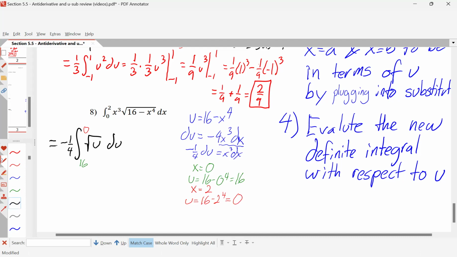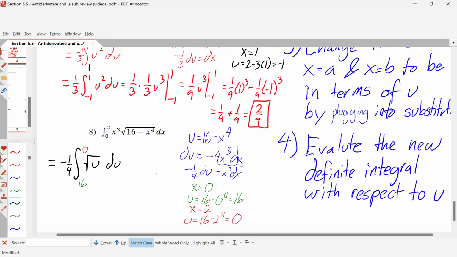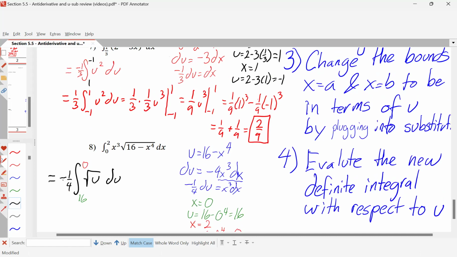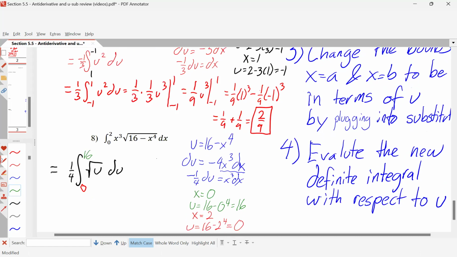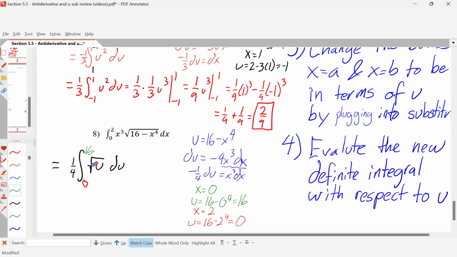I am going to use that same trick as before: there's a negative and my bounds have the lower bound bigger than the upper bound. So by removing this negative, I can flip the bounds to be from 0 to 16, and that integral stays the same. Now, the square root of u is the same as u to the 1/2.